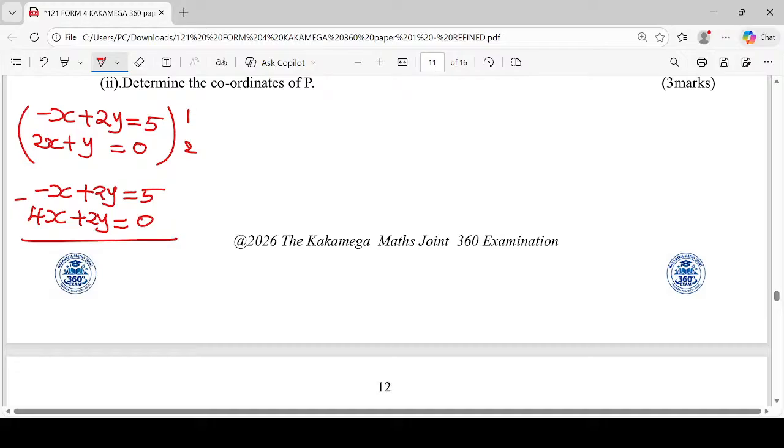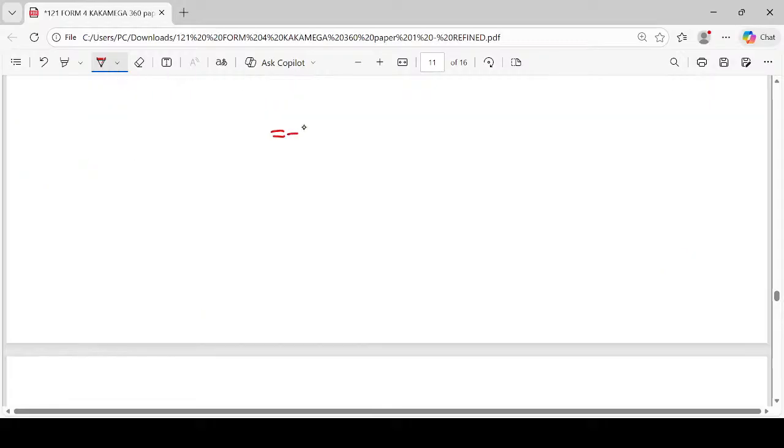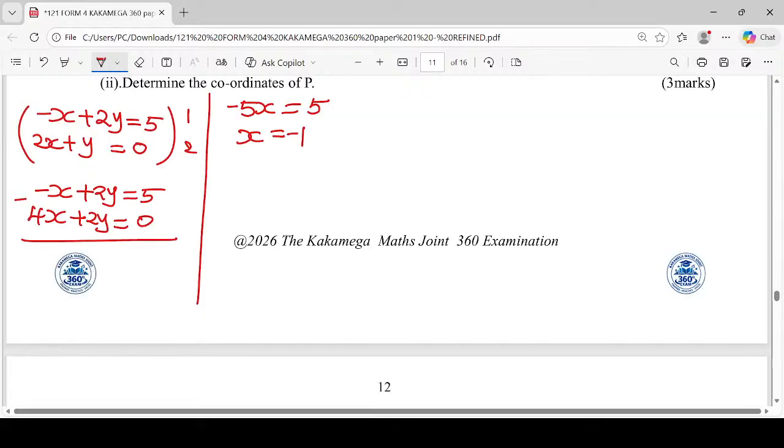So when you do the subtraction, -x minus 4x, that is going to be now -5x. Then 2y minus 2y, that will be 0. So this one should be equal to 5 minus 0, 5. So that will mean the value of x here is going to be equal to -1.